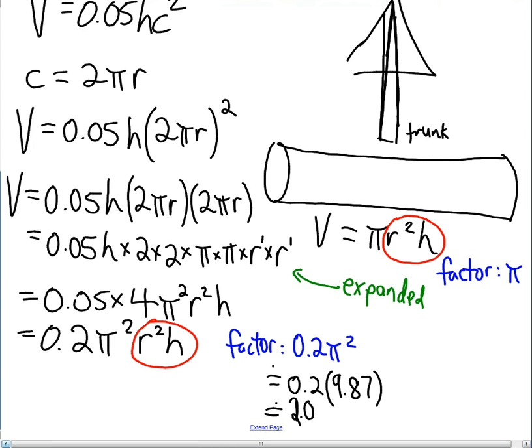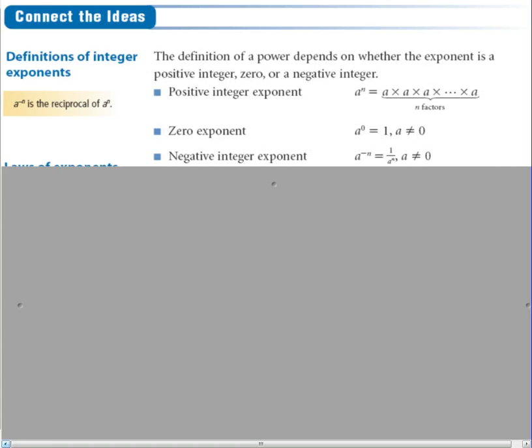Okay, which means that the factor that we're using for this formula is about 2, whereas the factor that we're using for that formula is about pi, which makes sense. The volume of wood in a tree is going to be less than the volume of a cylinder because of its shape.